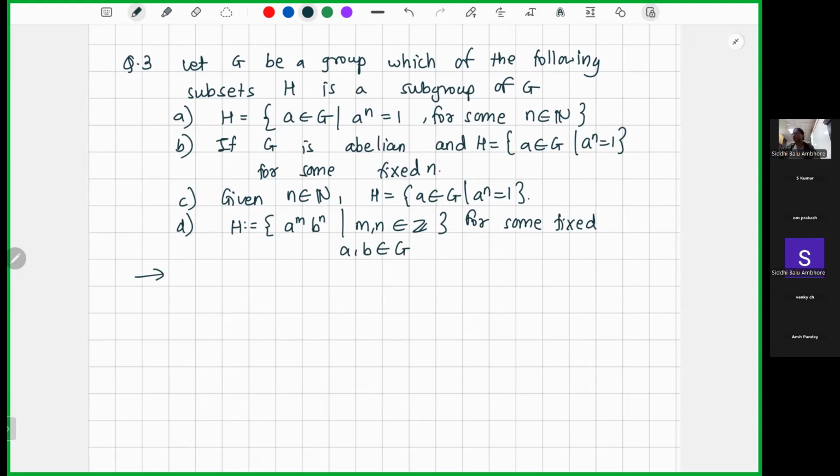Okay, so any guesses for this, whether it's true? The first statement. So let's start with the first one.